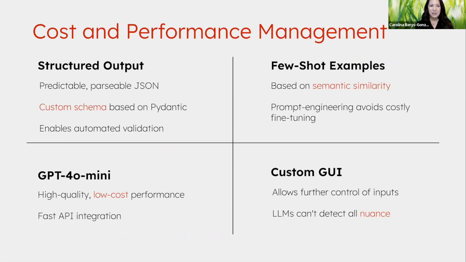The structured output is based on the Python Pydantic library. So it's basically a custom schema that the LLM output will adhere to, and that can have rules-based validation applied to it because it is predictable. And then the human operator can look at that validation and make sure that it was applied correctly.